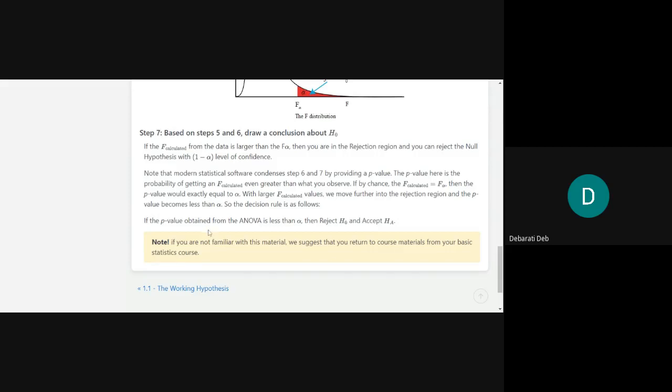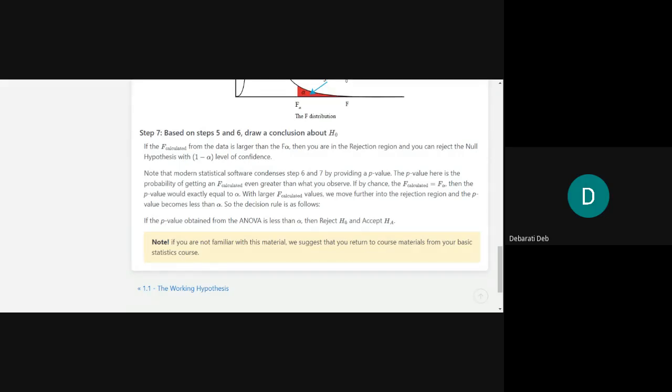Look at the third paragraph, single line. It says if the p-value is less than alpha, alpha means 0.05, listen to me carefully, then reject H naught. And in our previous step, what I told you is that if the calculated value of the test statistic is less than the tabulated value, then accept H naught.